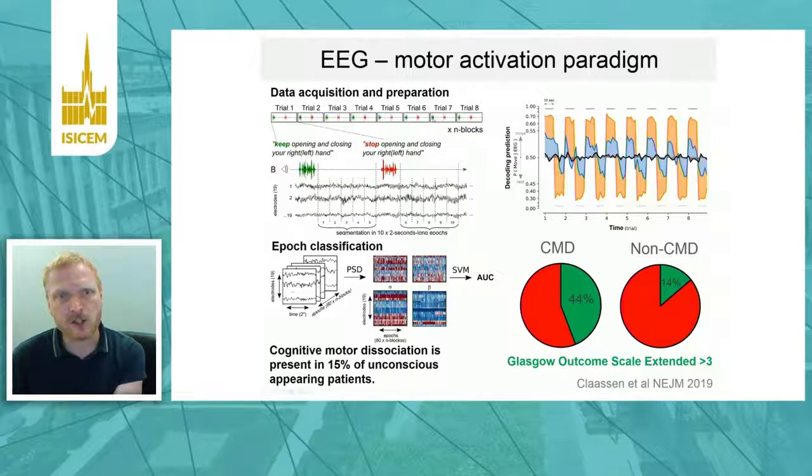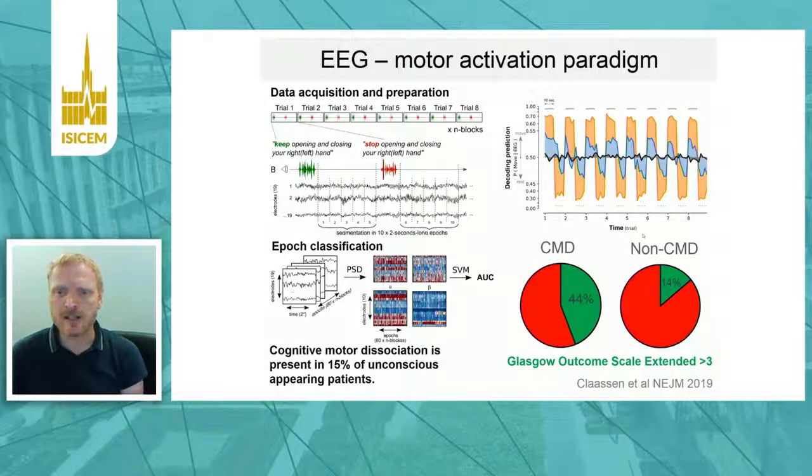None of these patients showed motor expression of command following, but the EEG was recorded and analyzed with machine learning algorithms, and it was found that 15% of these unconscious-appearing patients actually systematically responded to the move versus the stop move command differently. And so these patients were in this state called cognitive motor dissociation, so the cognition was better than the motor expression.